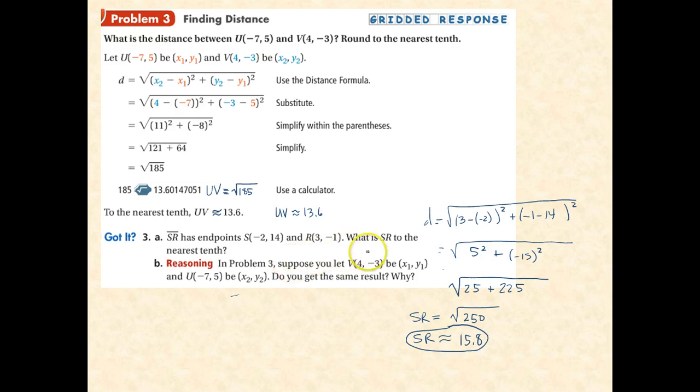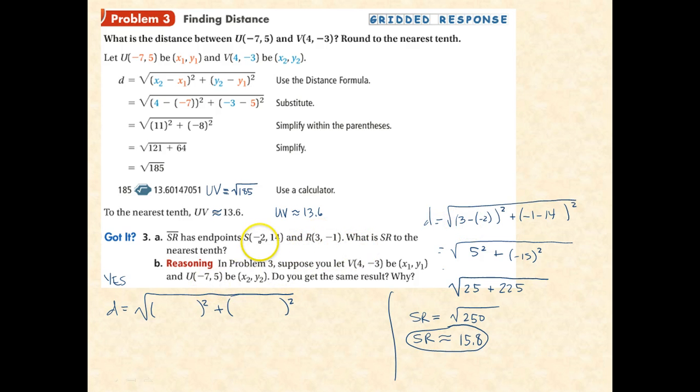Alright, so in problem 3, suppose you let V be x1, y1, and U be x2, y2. Do you get the same result? And why? I will tell you the answer is yes, and then I'll show you why. Alright, so now we're going to do the same process, but we're going to put the points in the opposite order.